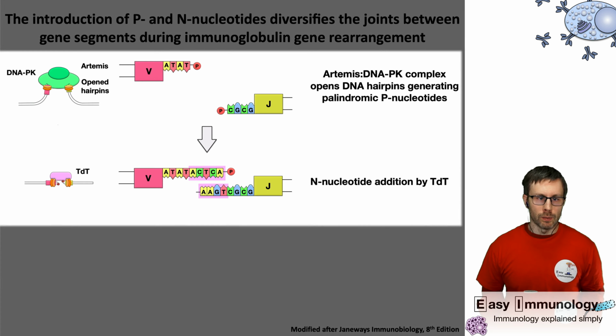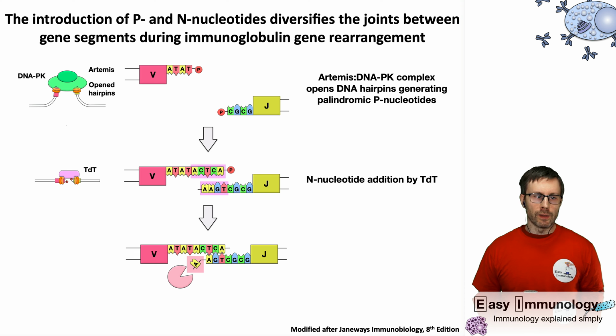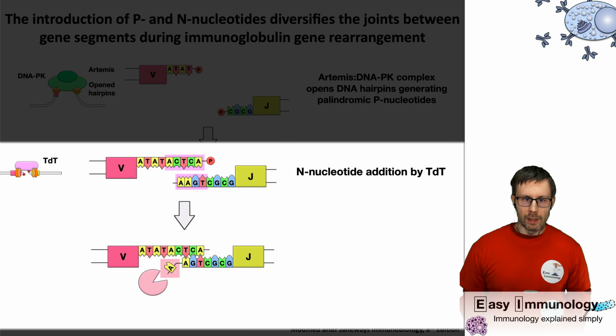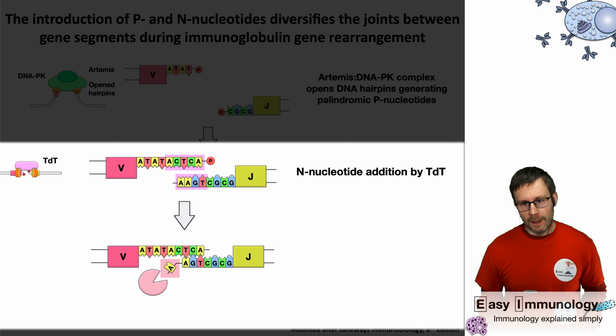It just takes what it finds and puts it in there. So we have some new sequence information added that was never there before, yeah? Only the palindromic information was there before, but the N nucleotides, so these are the non-template nucleotides that were not coded in the DNA before, are added randomly by chance, okay?